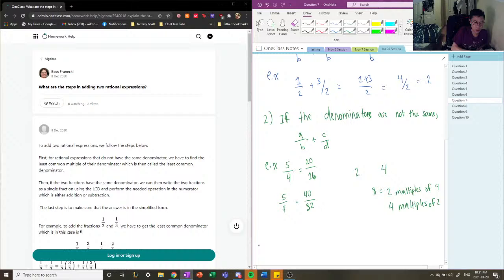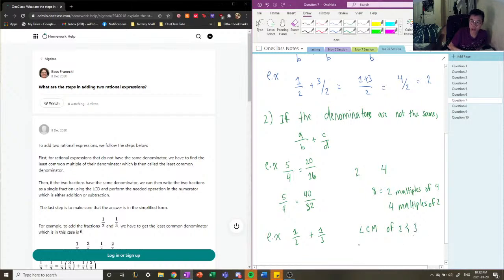Okay, so in our example here, we're going to use 1 over 2 and 1 over 3. We need to find the least common multiple of 2 and 3.